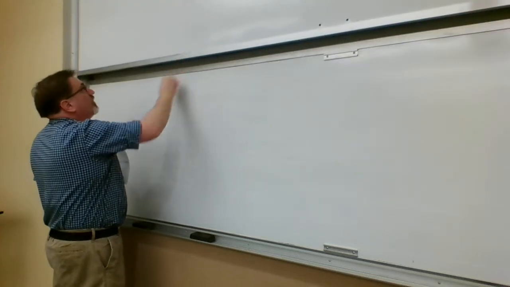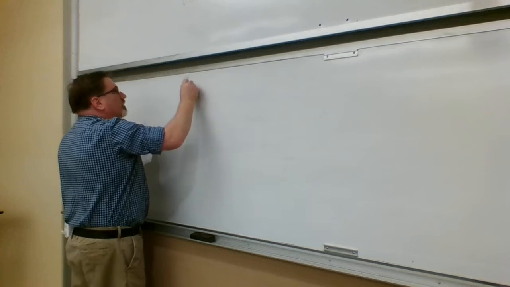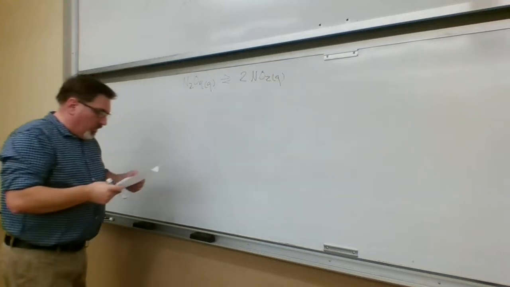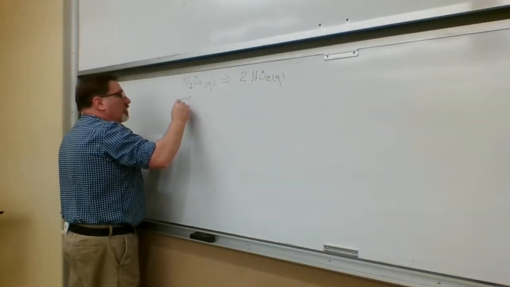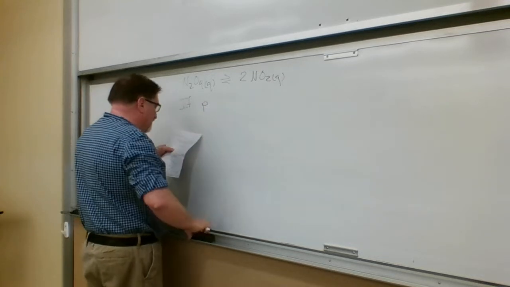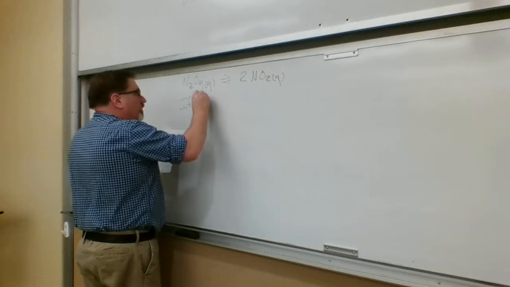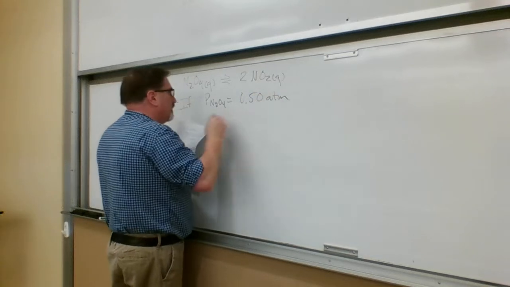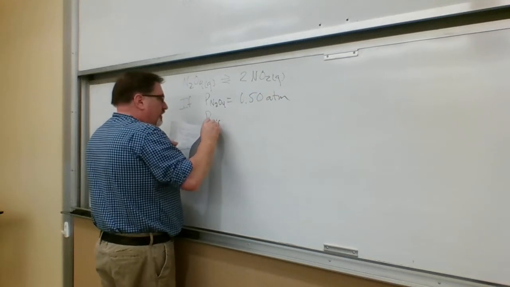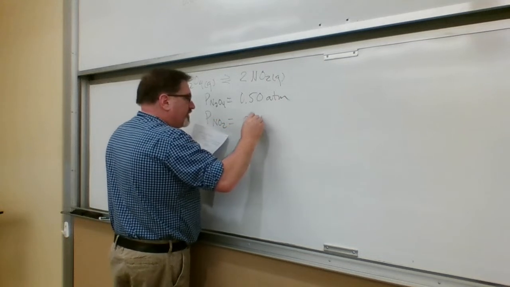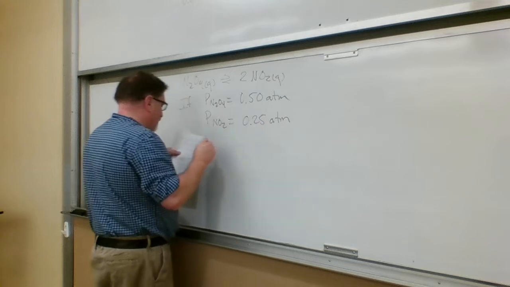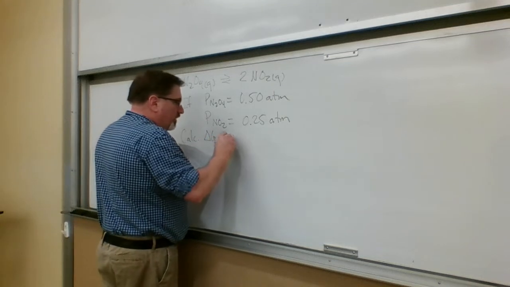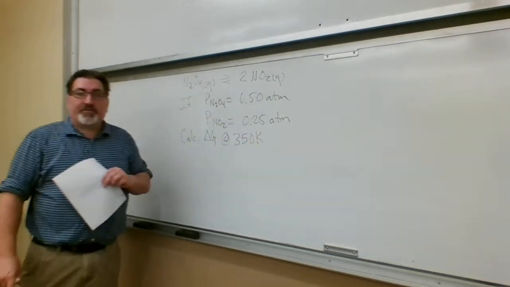So for our equation, N2O4 goes to 2 NO2s, if the pressure of N2O4 is 0.50 atmospheres and the pressure of NO2 is 0.25 atmospheres, calculate delta G at 350 Kelvin.